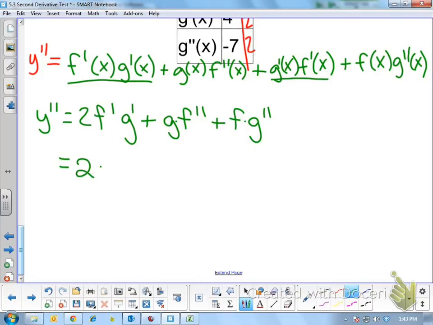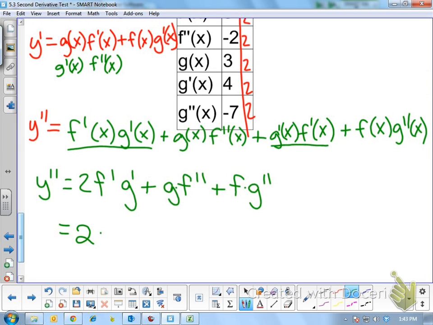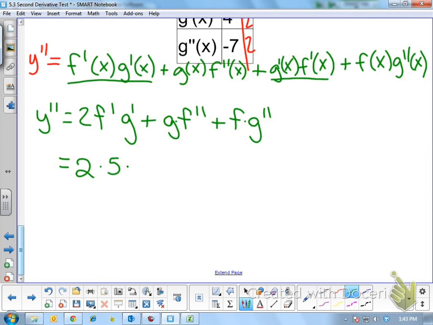We have 2 times f prime and g prime, 5 times 4. Thank you.